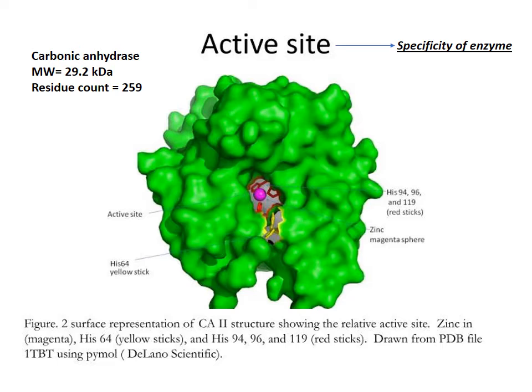That is, if you try to put your left shoe on your right leg, it won't match. Similarly, only a specific substrate would fit onto this particular active site and be able to undergo chemical reaction.